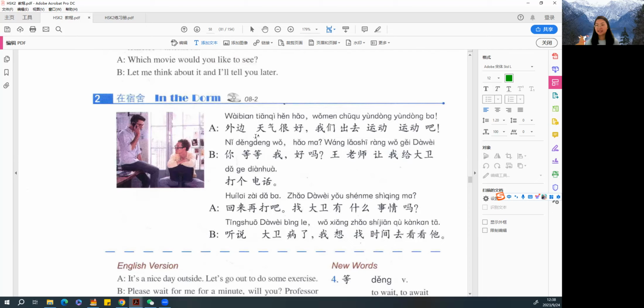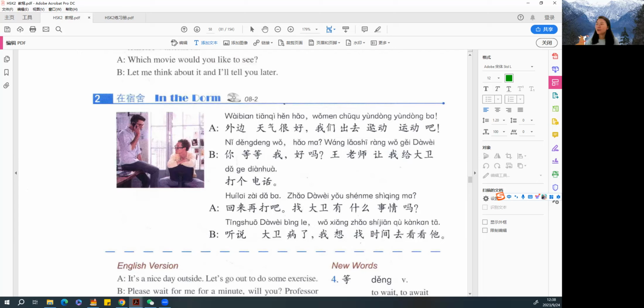So here it means it's a nice day outside. 我们出去运动运动吧. 出去 means go out, go outside, right? If there's a 吧 at the end of the sentence, they are giving a suggestion, an invitation.